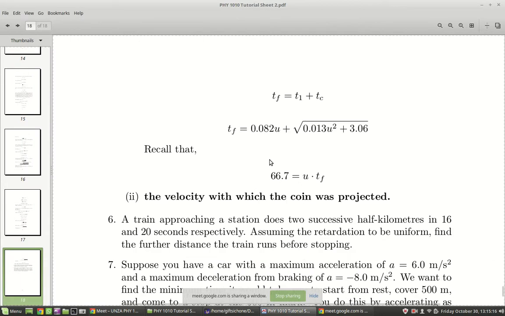We have this. So I don't know if you bring in these bits here, then what happens?